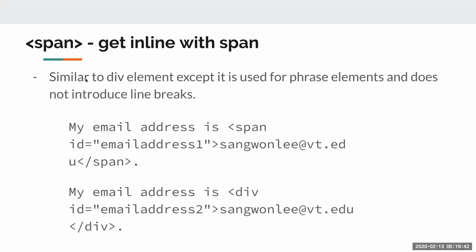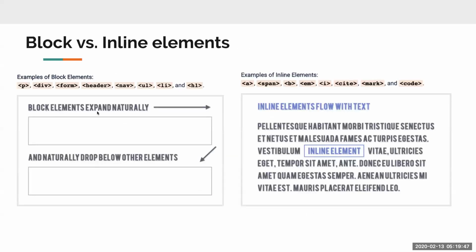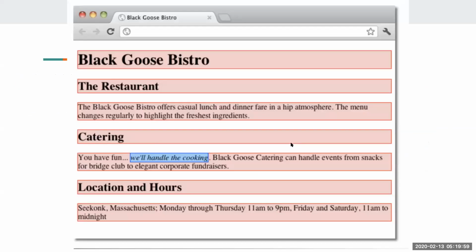The only difference between div and span is that div is a block element, which introduces line breaks before and after, and span is an inline element, which is basically like text in the middle of a paragraph. So again, the red part is block and the blue part is inline.